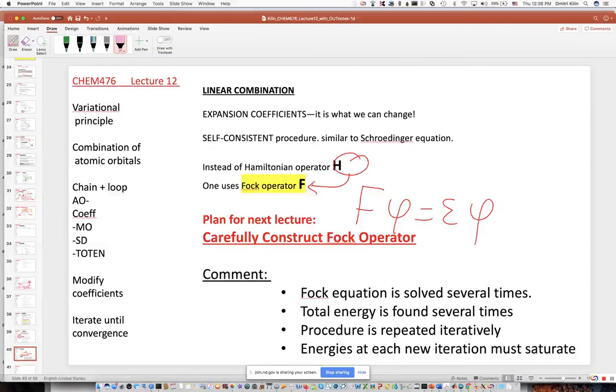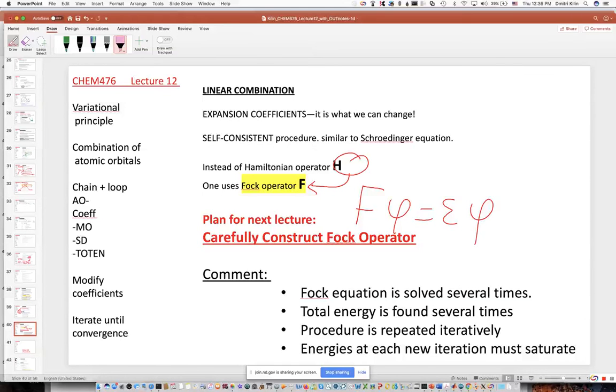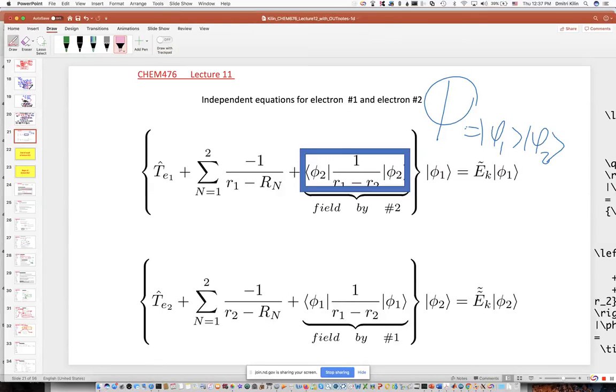Okay, what else? Another little concept. When we were starting today's meeting, we started with an equation for one electron wave function. I'm going to run over all slides and go to the first where we started. So everything that is encaged in these brackets is an operator that acts on one electron wave function.